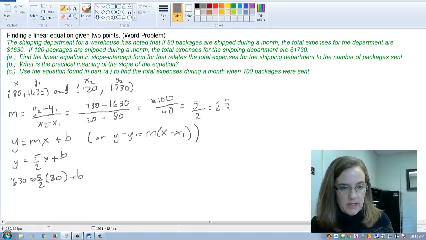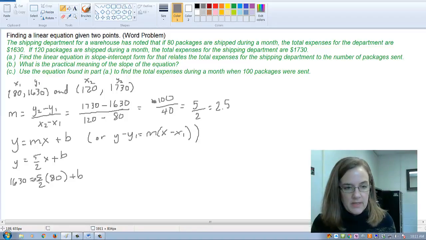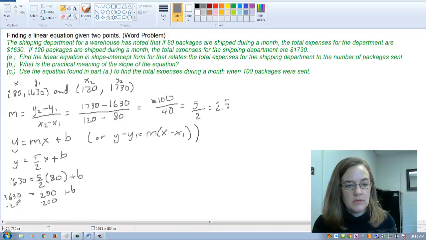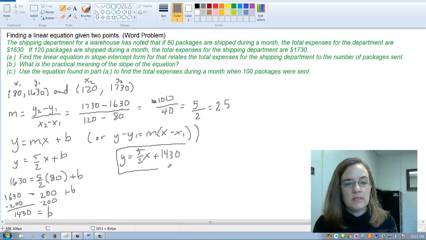You've got 2.5 times 80, and that's 200, plus b is 1630. So I take away 200, take away 200, and I get 1430 is equal to b. So my equation is y = 5/2 x plus 1430. This is the answer to part A. Lots of information to deal with.